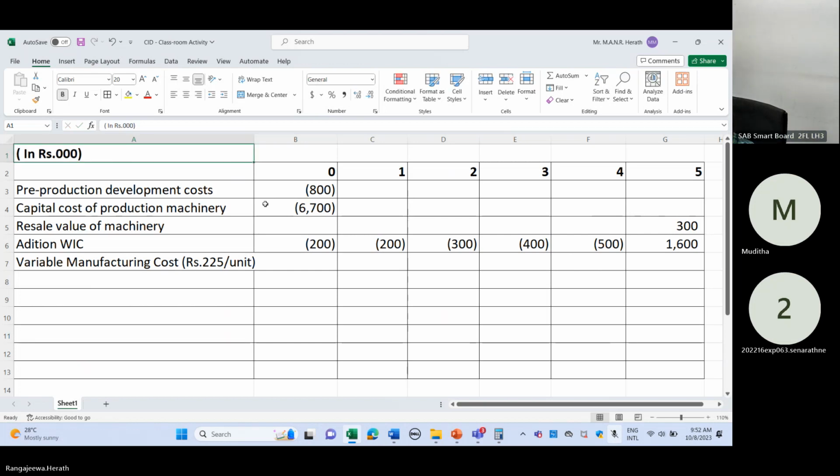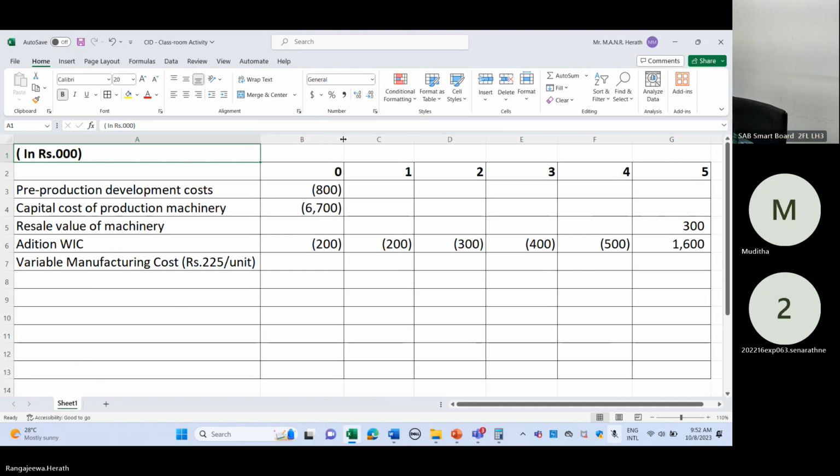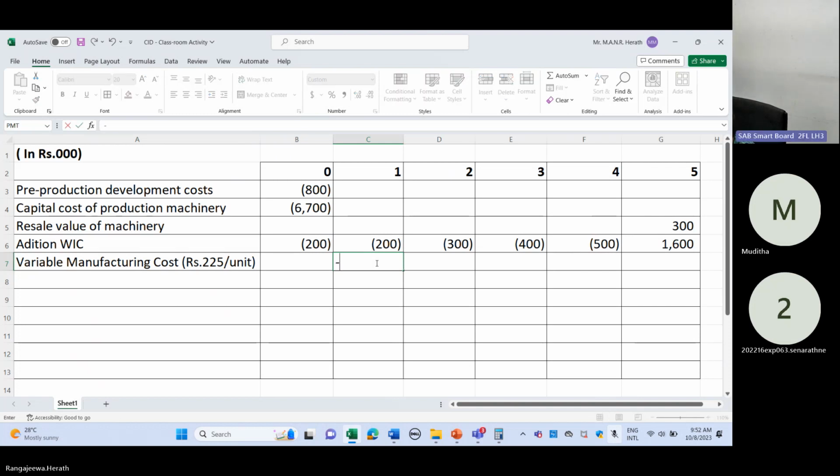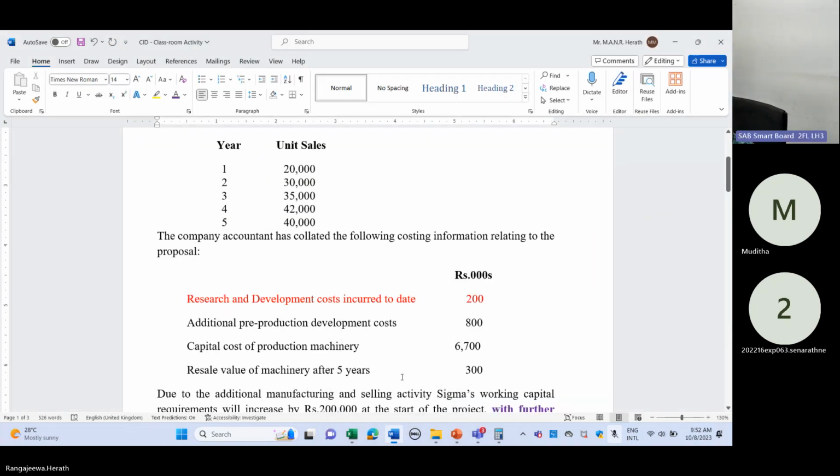Year 1 variable manufacturing cost: 225 into 20.